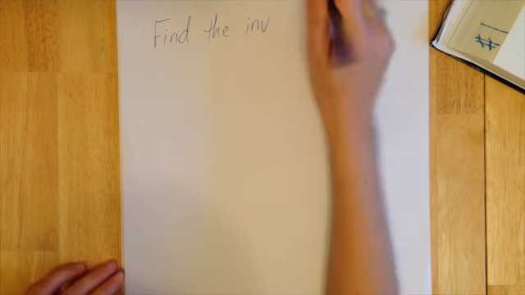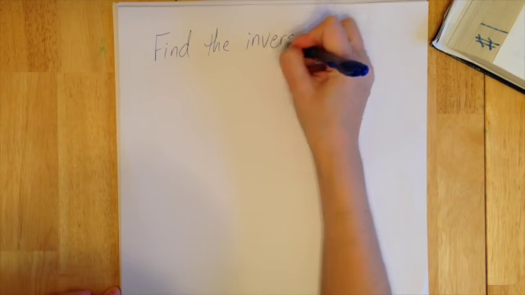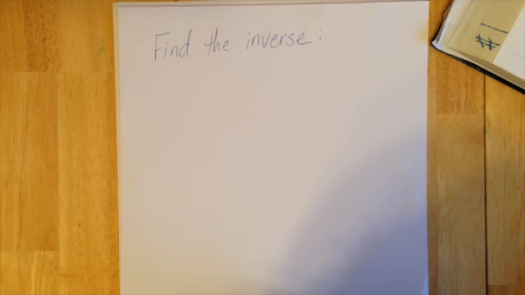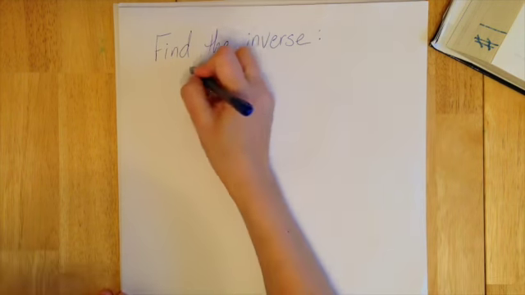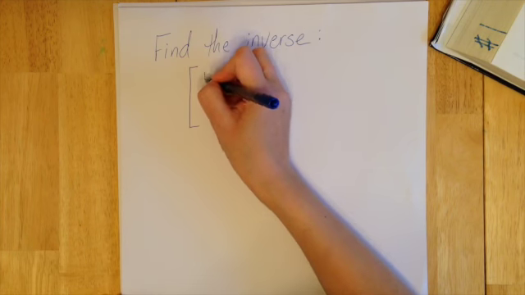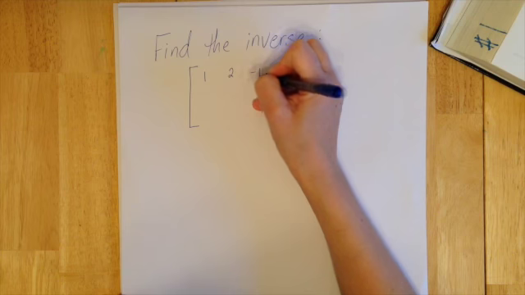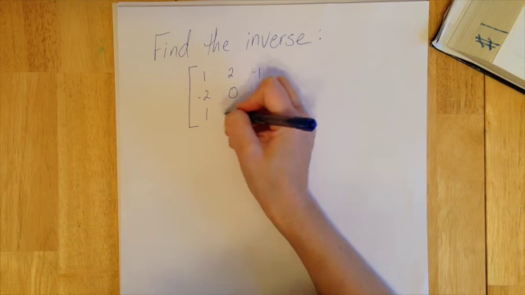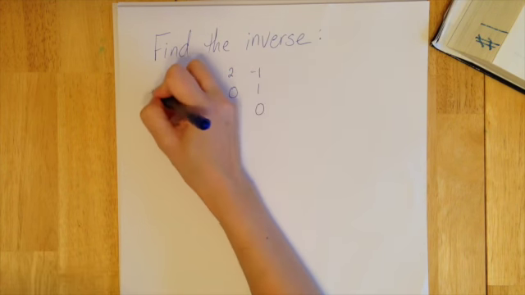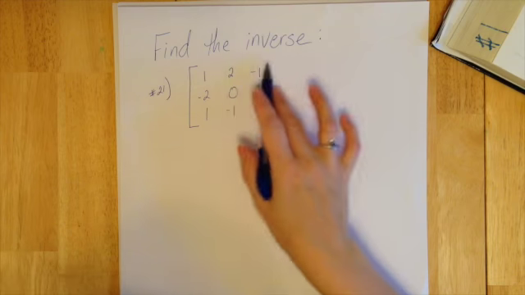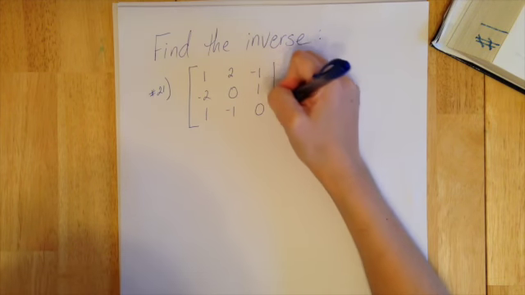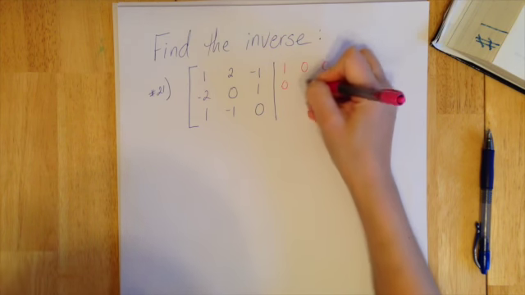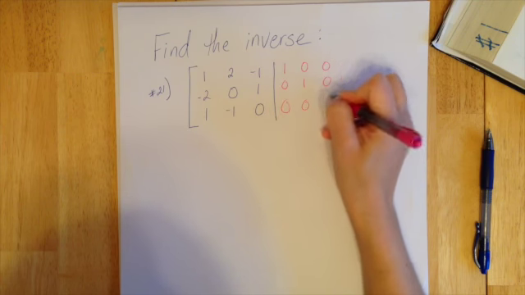So, let's find the inverse for problem number 21 in your book, which is the matrix 1, 2, -1, -2, 0, 1, 1, -1, 0. Again, 21. What we do is we take this matrix, then we put a line, and next to it we write what we want, which is the inverse, putting ones on our diagonal.